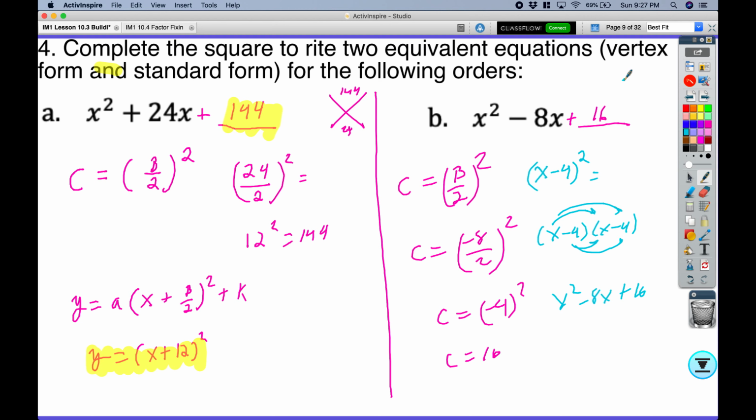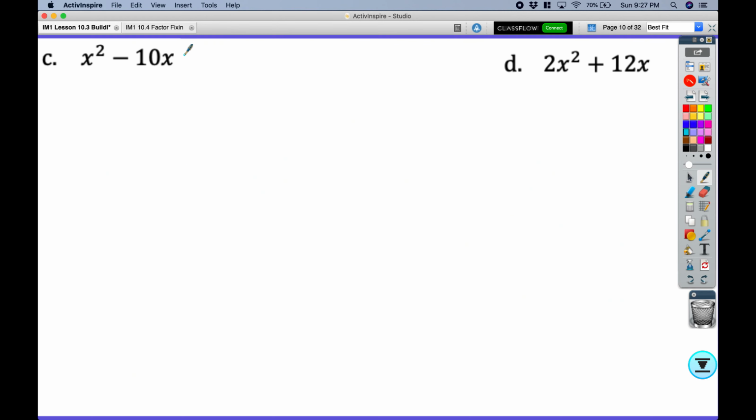So what the question once again is, what does this c value need to be in order to make this a perfect square? All that is your b value divided by 2 squared. So let's go and look at this. Remember, once again, I'm just trying to figure out this c value. So to do that, all we're going to do is take negative 10 divided by 2, and we're going to square it.